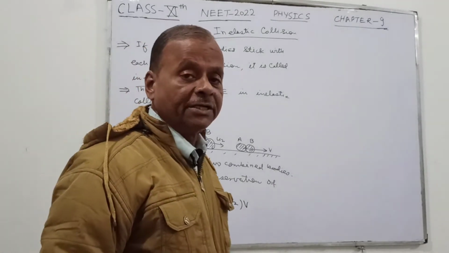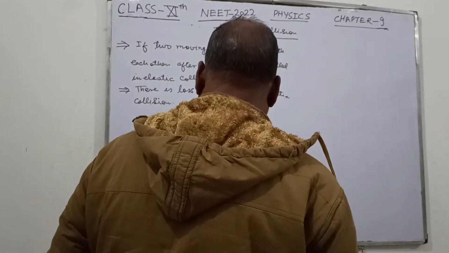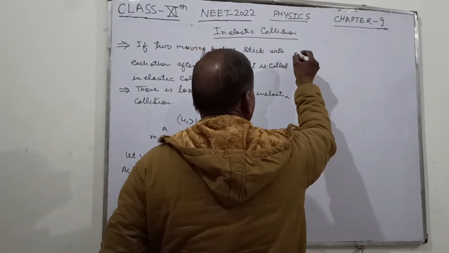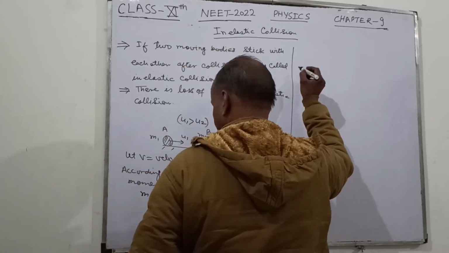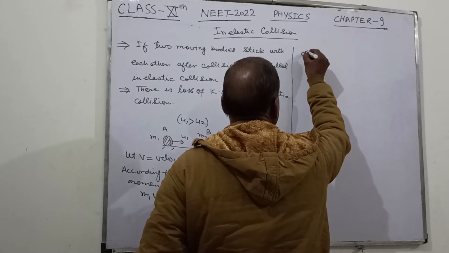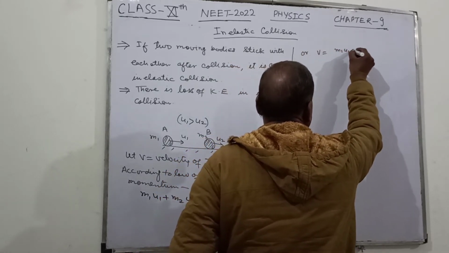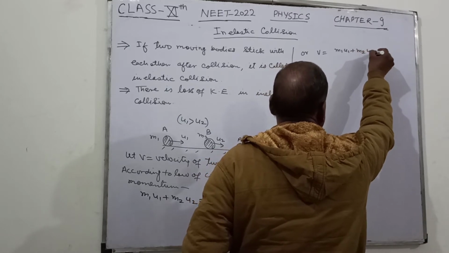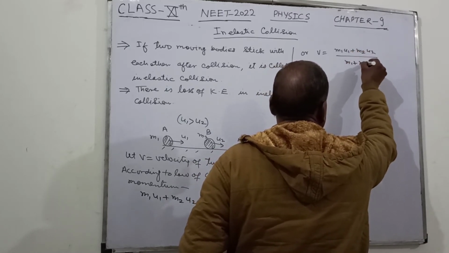Now V is equal to m1 u1 plus m2 u2 upon m1 plus m2.